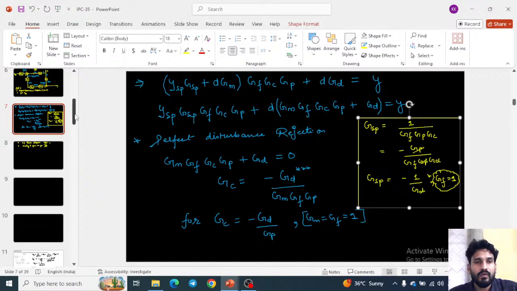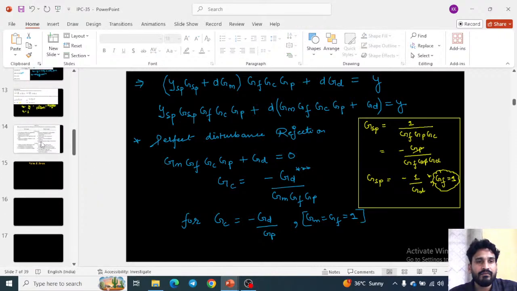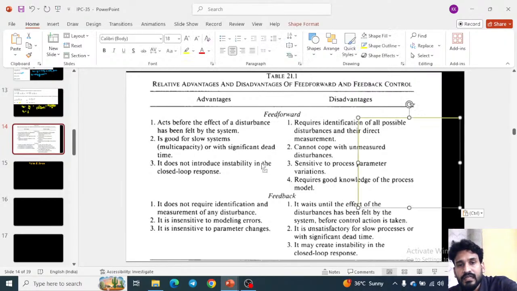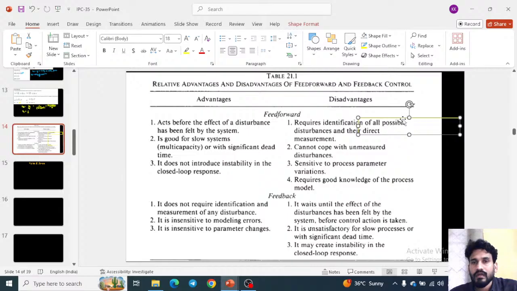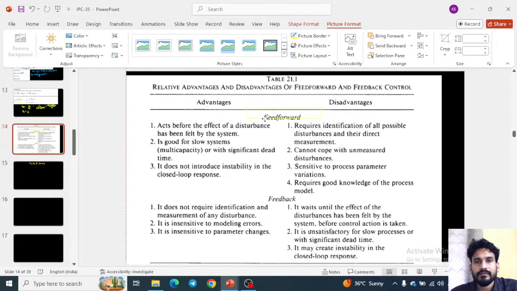Now feed forward is my advanced control strategy, and you can see here in what sense we are saying that it is the advanced control strategy.